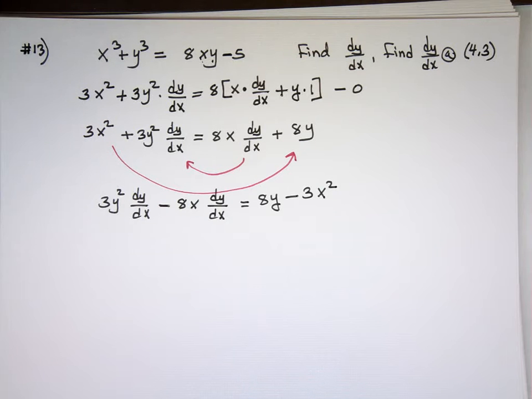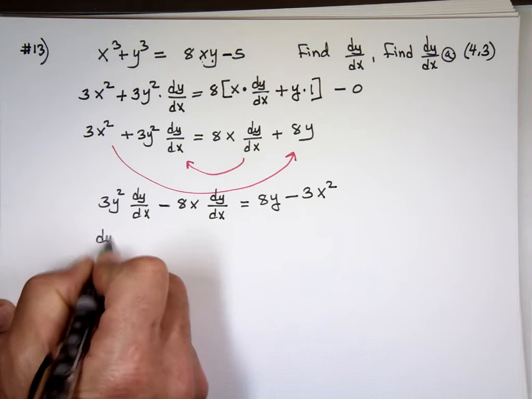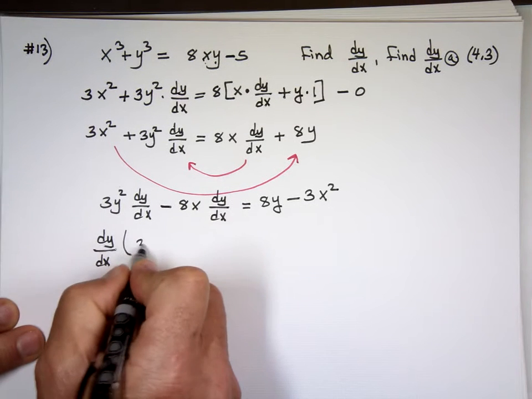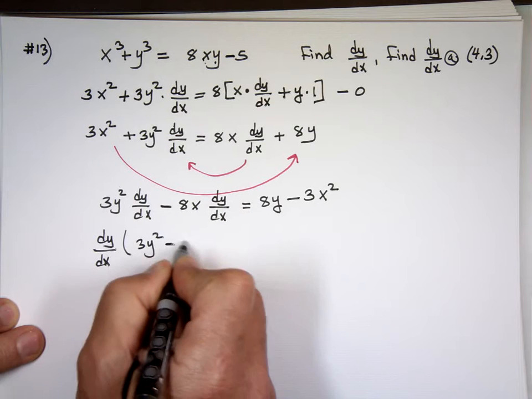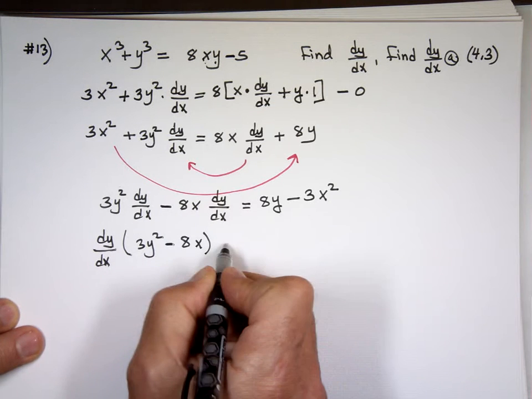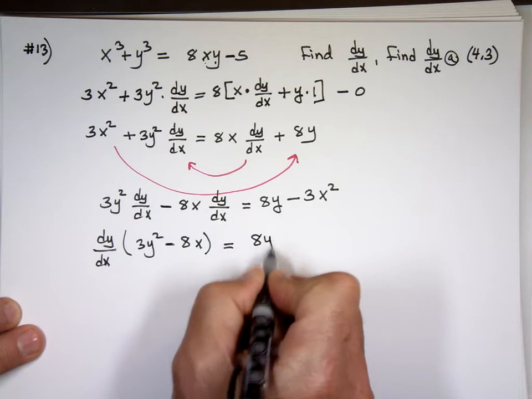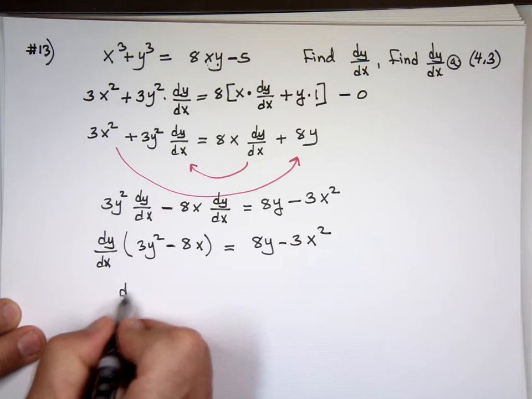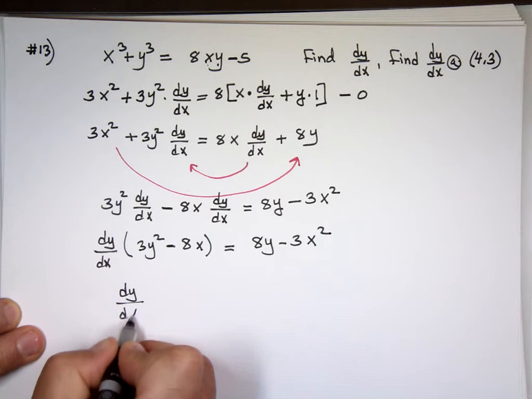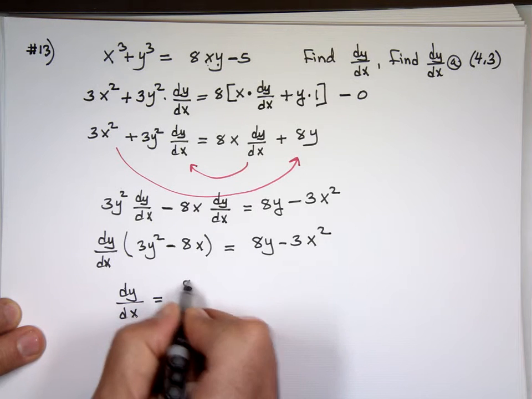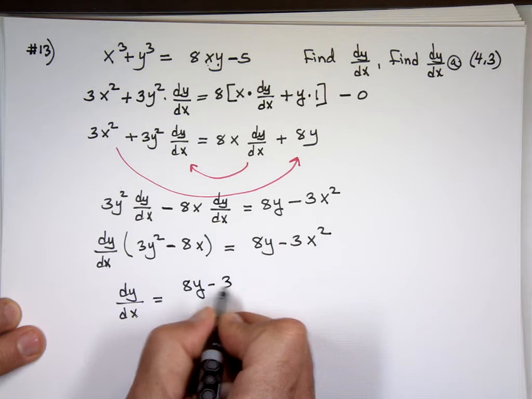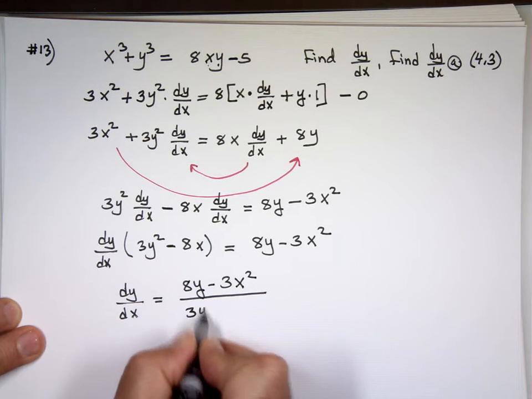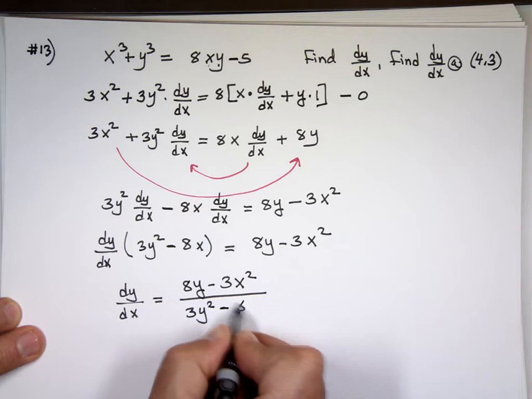I can factor dy/dx out. And what is dy/dx? 8y minus 3x squared over 3y squared minus 8x.